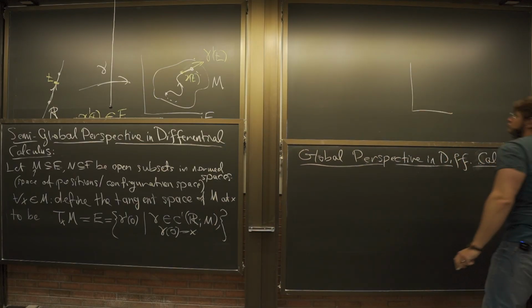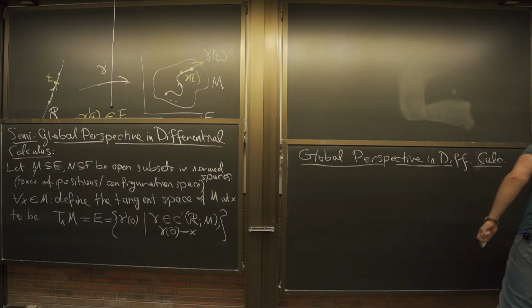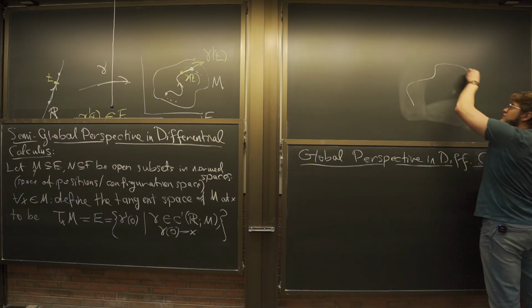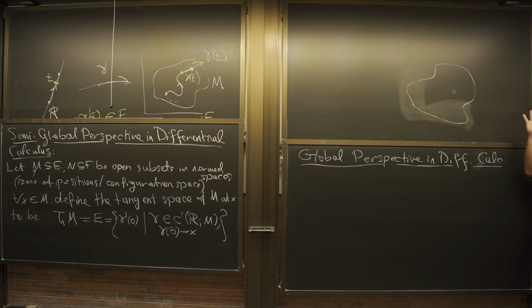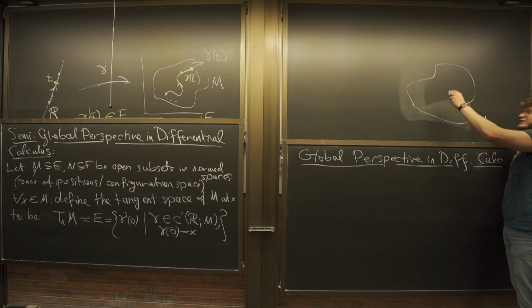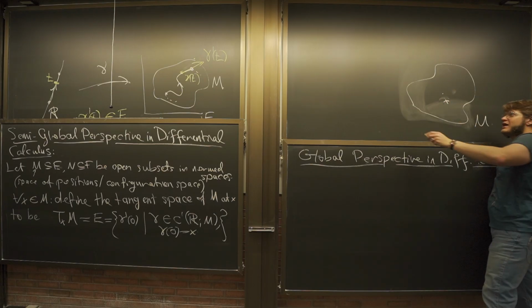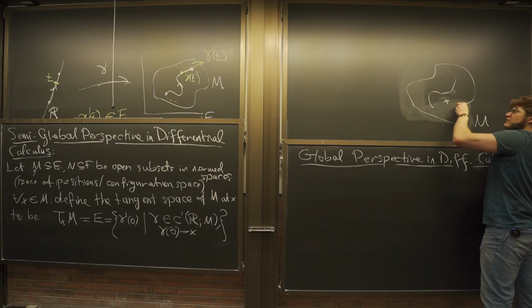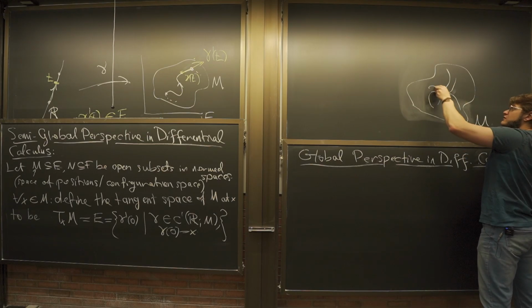Not even going to draw these coordinate systems. M is now just a blob, just floating in some abstract space. Imagine it's something like this, like a blob. But you can still take a point. It's a set after all. And somehow you can take paths that pass through this point.